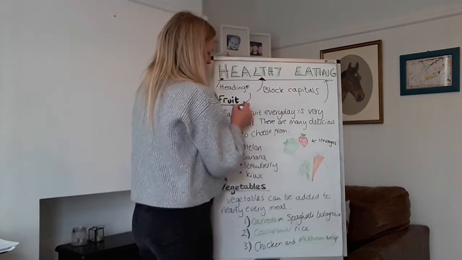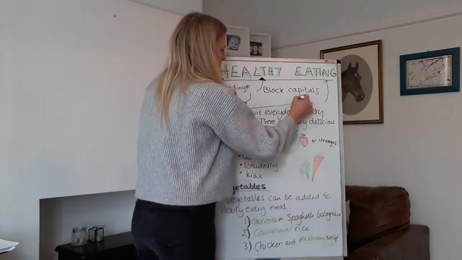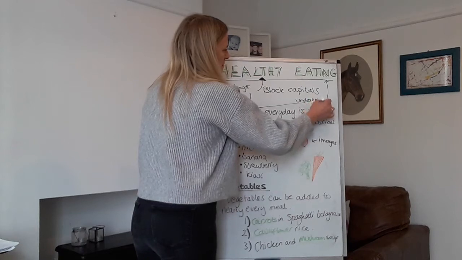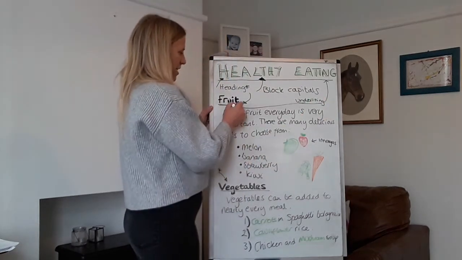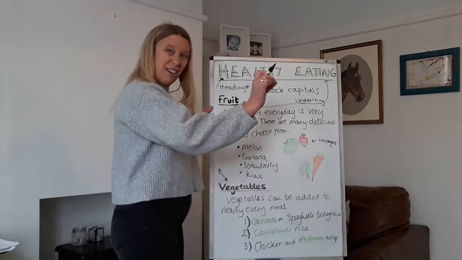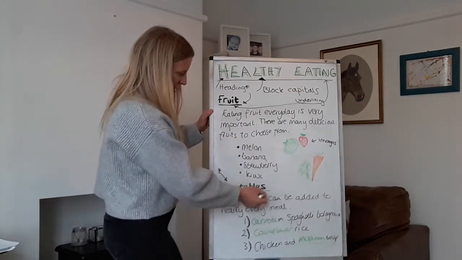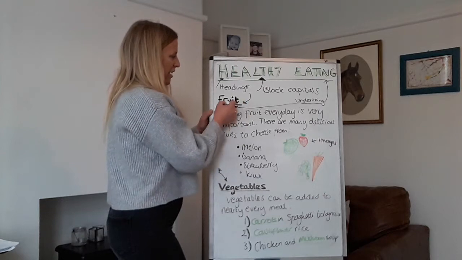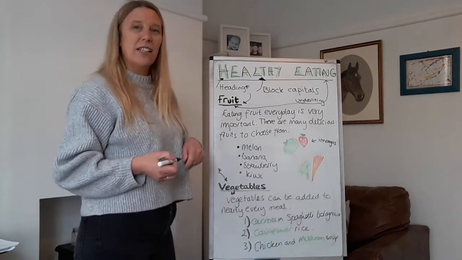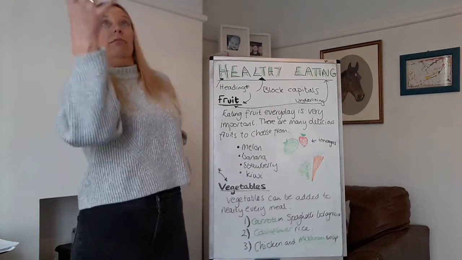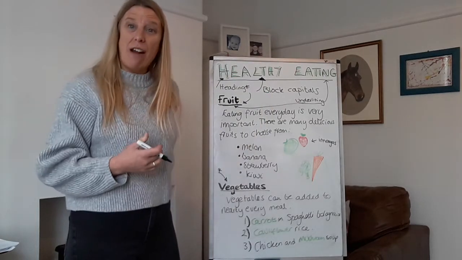we have underlining, where we underline usually headings or important words. This is called underlining. Block capitals, where we use big capital letters to make it really stand out so we can see it very easily.